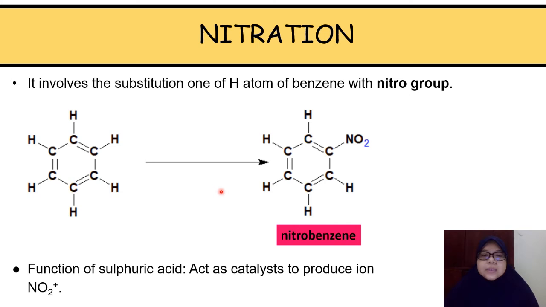The reagents used in this conversion are concentrated sulfuric acid and concentrated nitric acid, and the condition is 50 to 55 degrees C. The function of sulfuric acid here is to act as a catalyst to produce the NO2 plus ion.